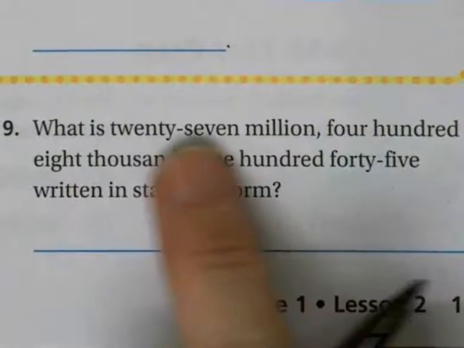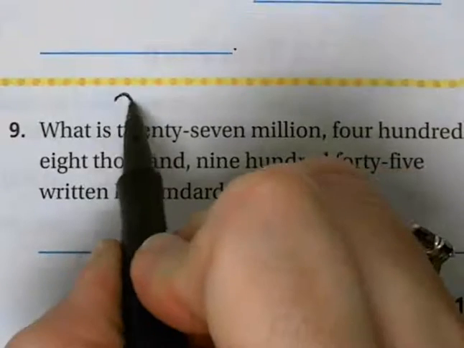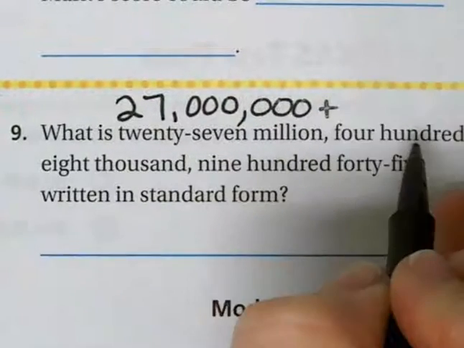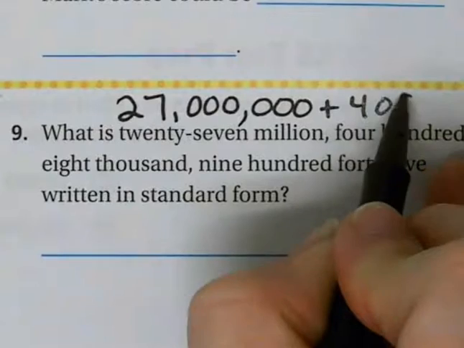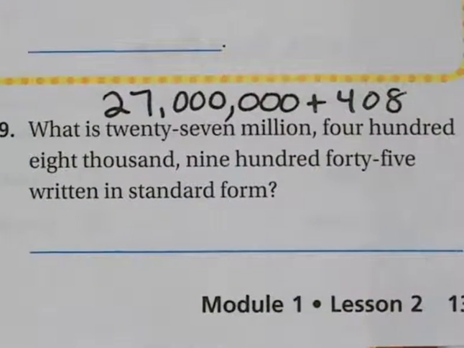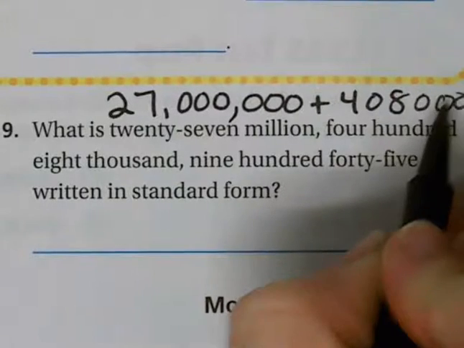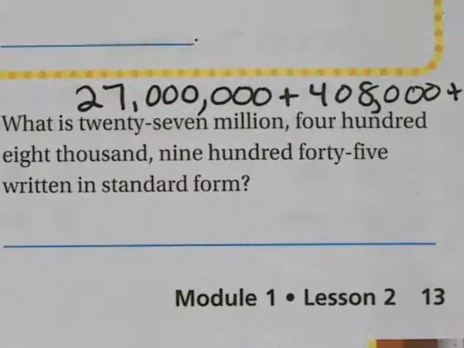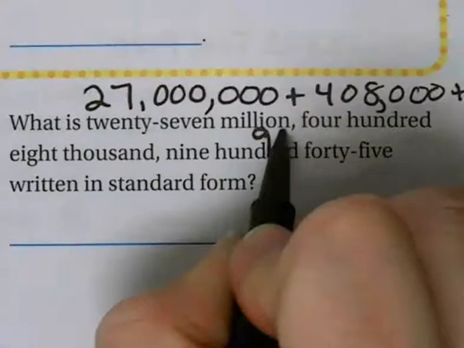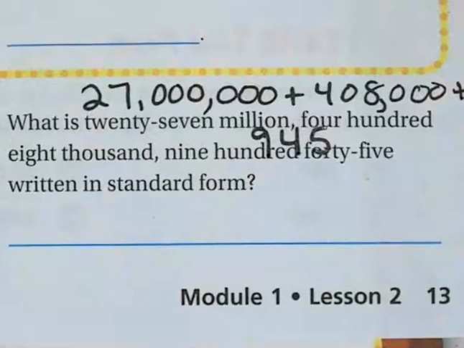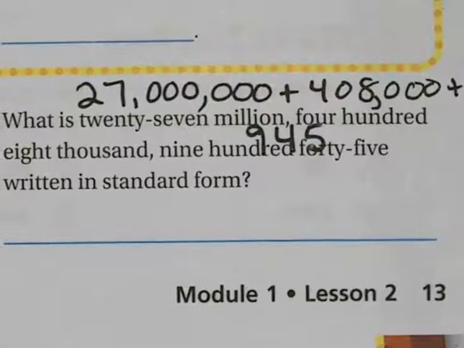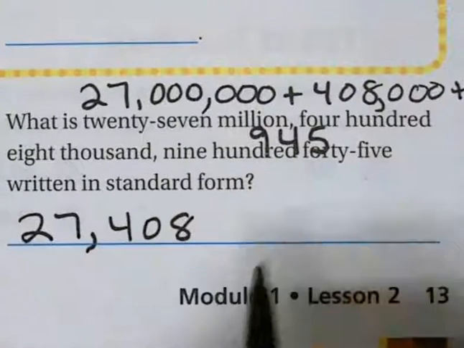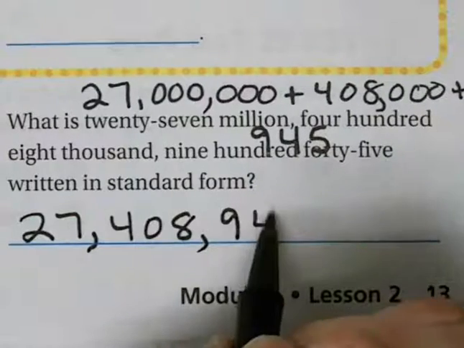So on top of the words, I would put 27 million, 408,000, 945. And then I can real easily add those up, right? 27,408,945.